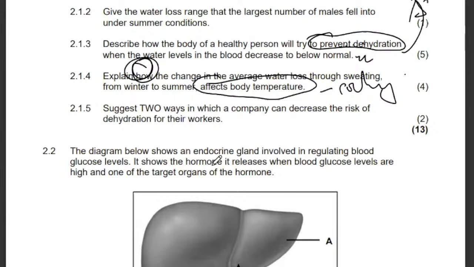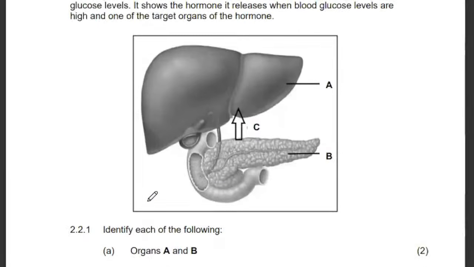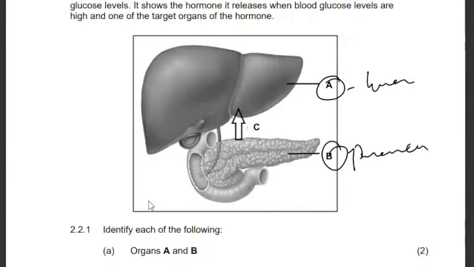It shows the hormone it releases when the blood glucose level is high and one of the target organs of the hormone. So now, as I told you, you think which gland is this? It is the liver, and which gland is this? It is the pancreas. So the hormone is from the pancreas and then goes to the liver.